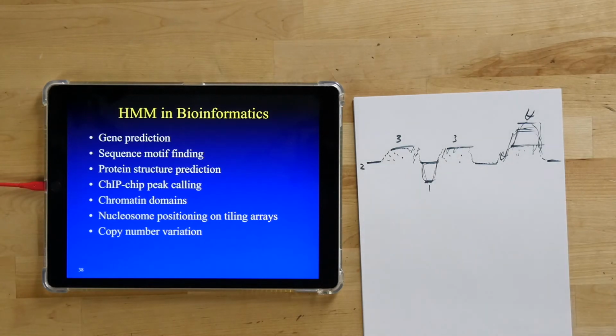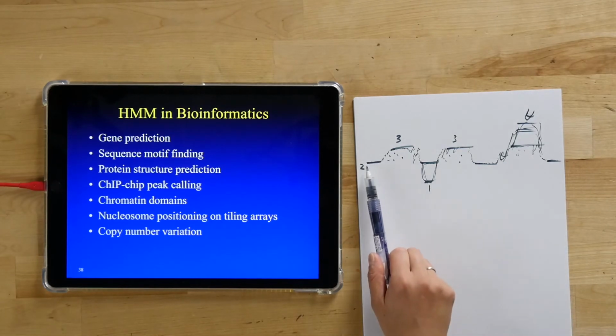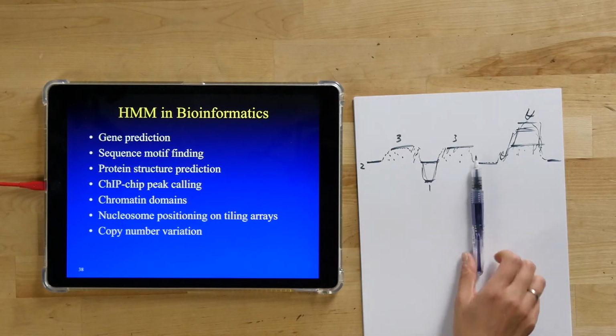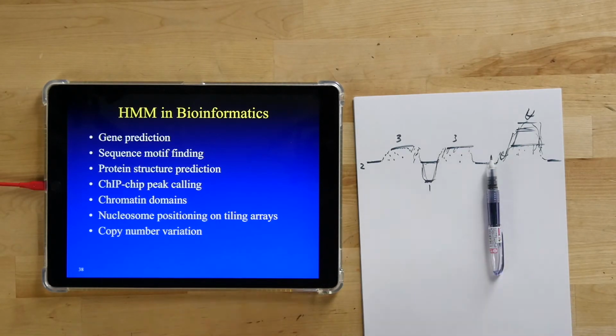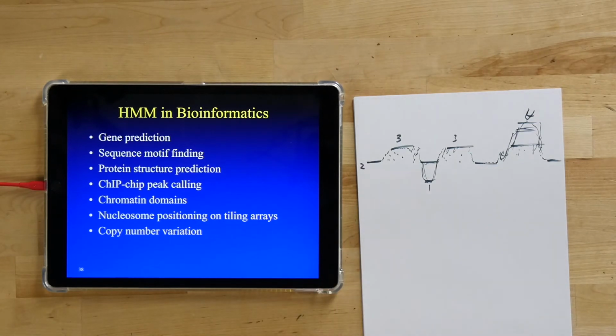And then the emission probability is, if you are in a 2 copy versus 3 copy or 1 copy of the genome, what's the chance that you see the read coverage at these steps, right? So this is another possibility. And so there are many, many ways that we can use this hidden Markov model to understand bioinformatics.